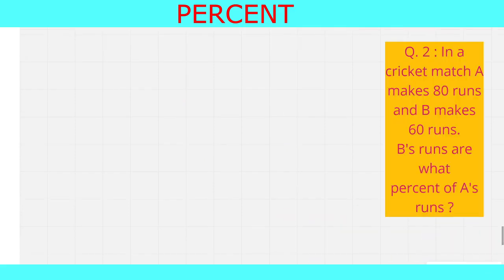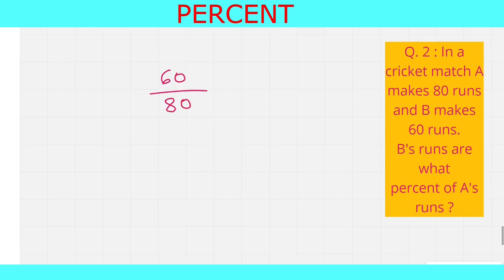To understand this concept, we go to the next question. The question is, in a cricket match, A makes 80 runs and B makes 60 runs. B's runs are what percent of A's runs? Now it is asked B's runs are what percent of A's runs. So A has to be in denominator and B's score is to be in numerator. So B's score is 60 runs and A's score is 80 runs.